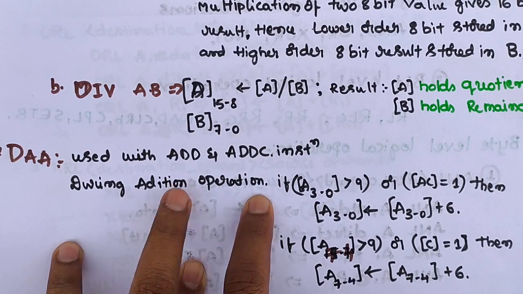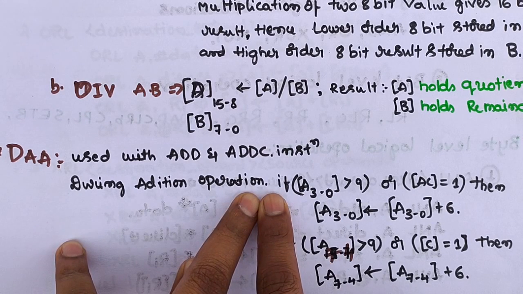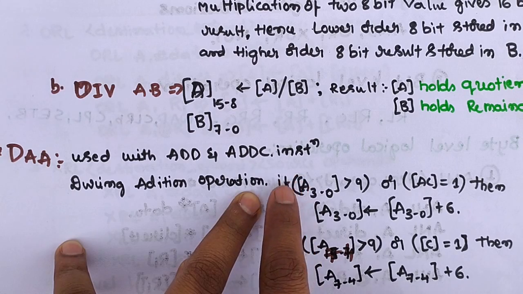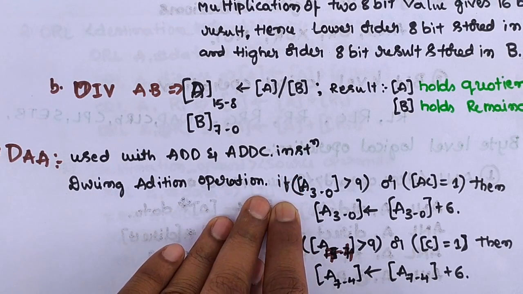Therefore, during addition operation, since BCD is not equal to hexadecimal, we need to convert the value by using this DAA instruction. The DAA instruction works on 8 bits of information.